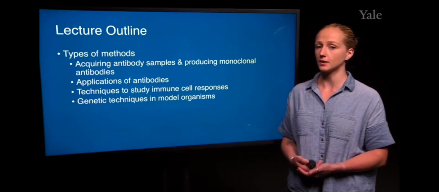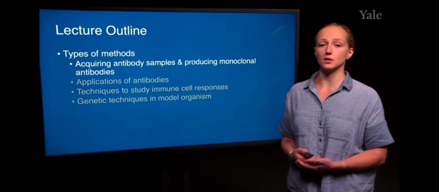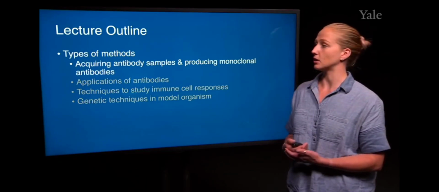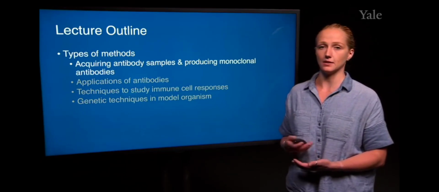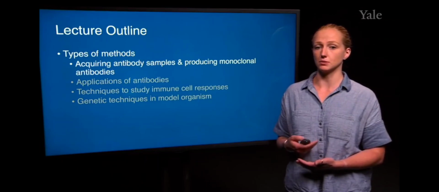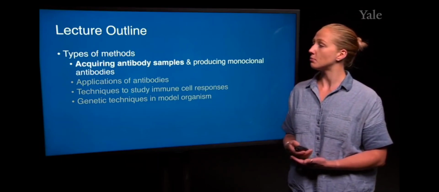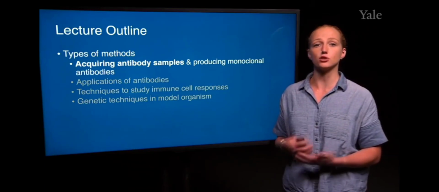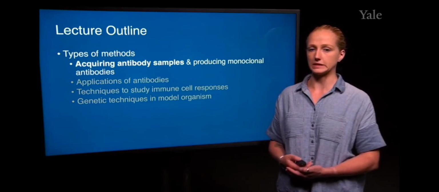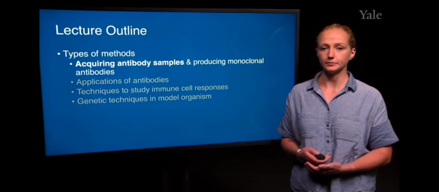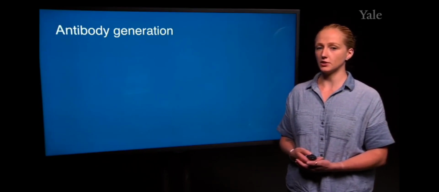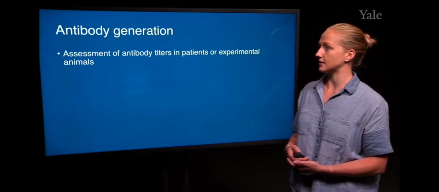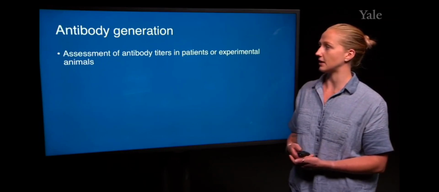So first, we're going to be speaking about how we acquire antibody samples, and then we'll talk about how to produce monoclonal antibodies. But before we go into monoclonal antibodies, let's talk about, in general, how we acquire antibody samples. So antibody generation is the assessment of antibody titers in patients or experimental animals.